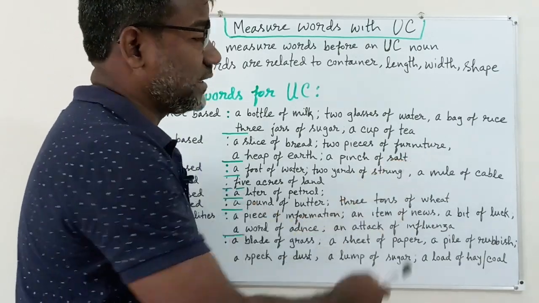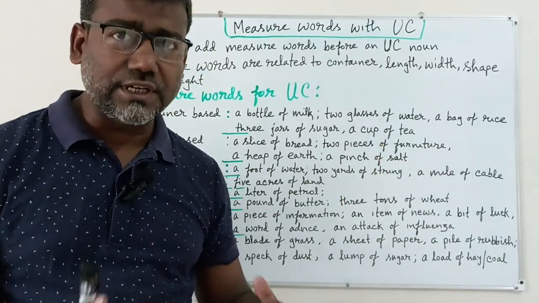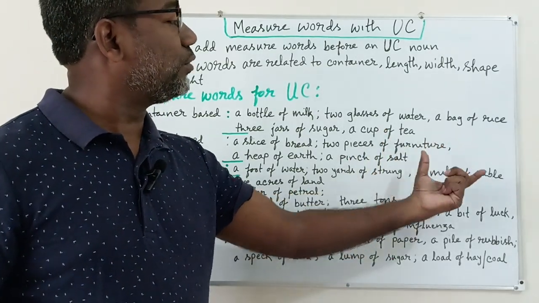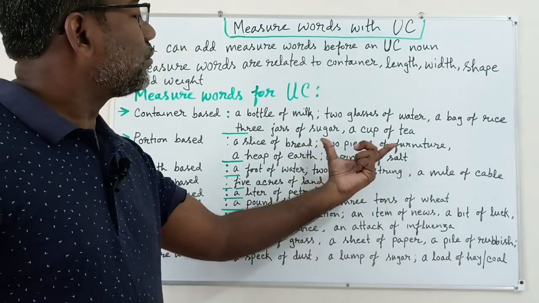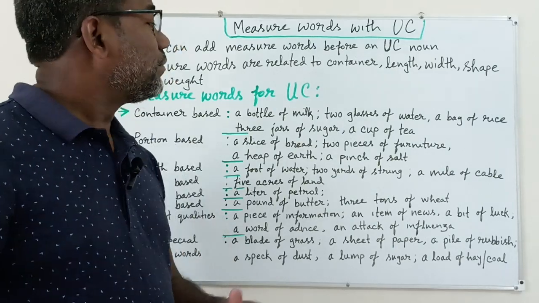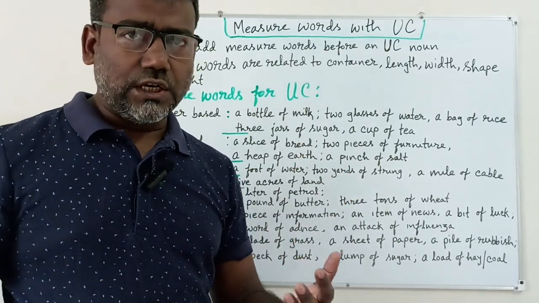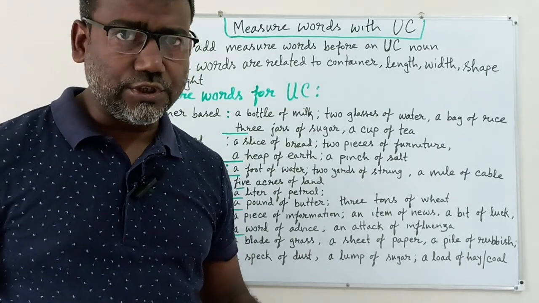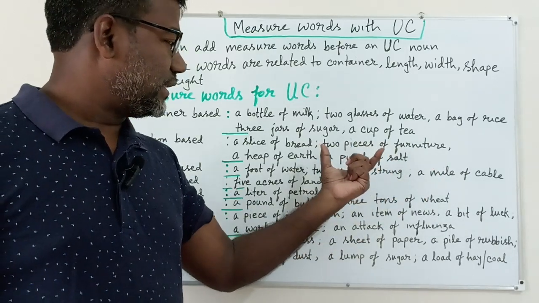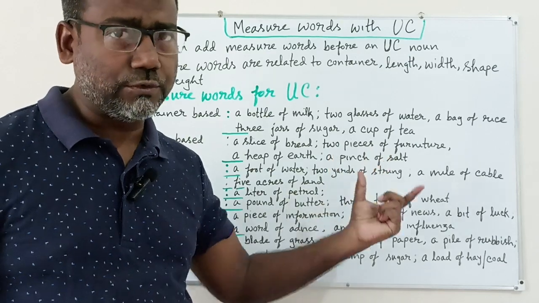They think that furniture is a countable noun, but no, furniture is not a countable noun. We can't make it plural, and we have to use a measure word before furniture. But items of furniture are countable.